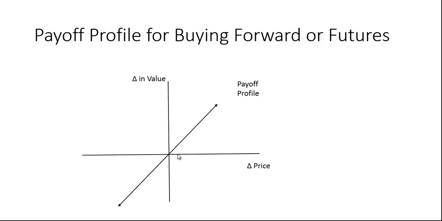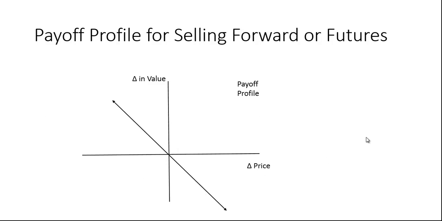So what happens? If price goes up, we've already locked in our price, we actually make money, or the value of our position increases. If price goes down, well, we're stuck with this commodity that we paid, say, $10 for, and now it's only worth $9. We've lost money.